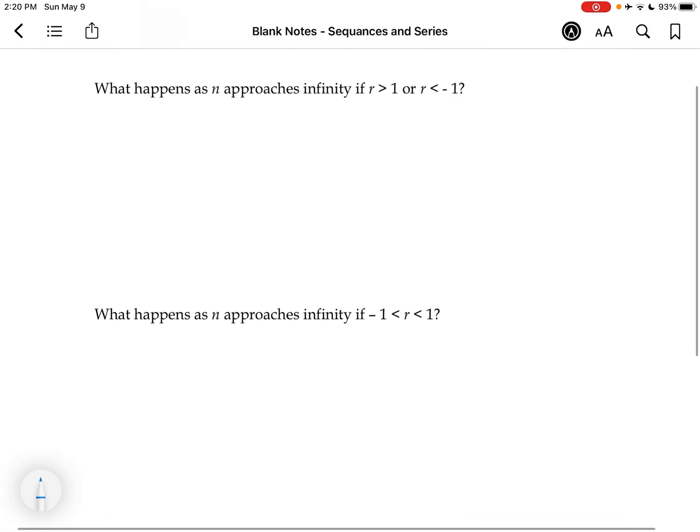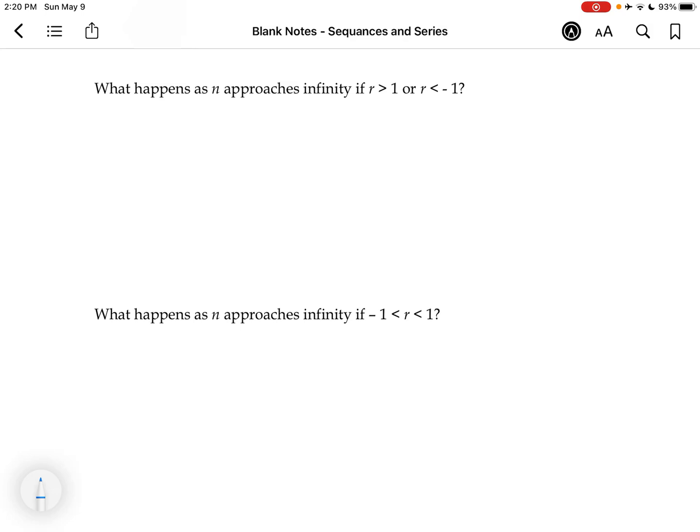First, let's look at what happens as n approaches infinity, as the number of terms increases, if we have the following conditions. The first thing I'd like to look at is, what if the common ratio is greater than 1?